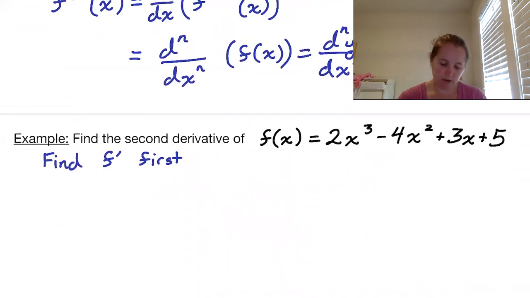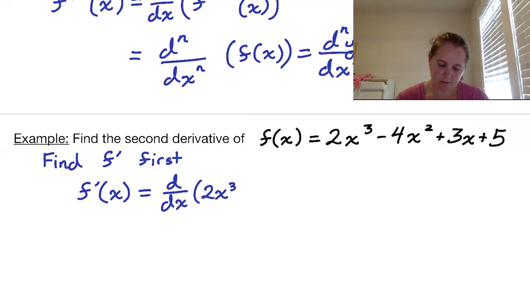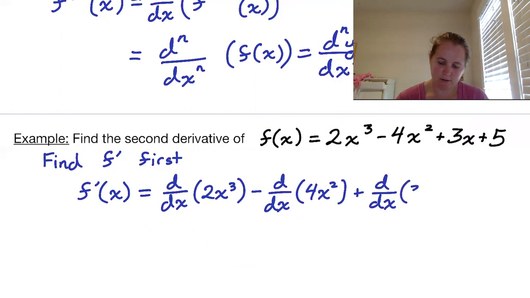So finding the first derivative, we have f prime of x as the derivative of what we were just working with. So we would do the derivative of 2x cubed minus the derivative of 4x squared plus the derivative of 3x plus the derivative of 5.